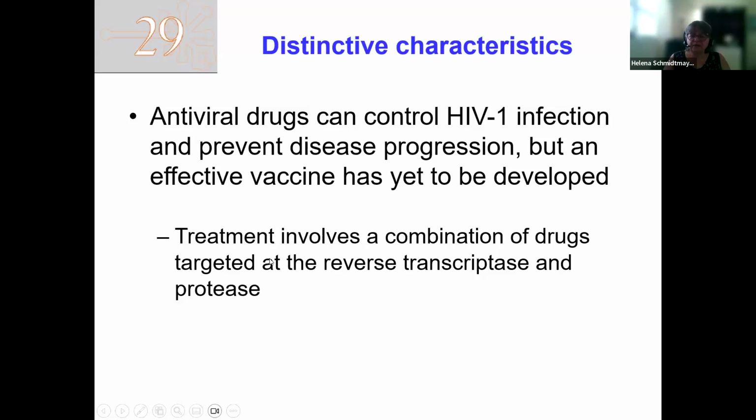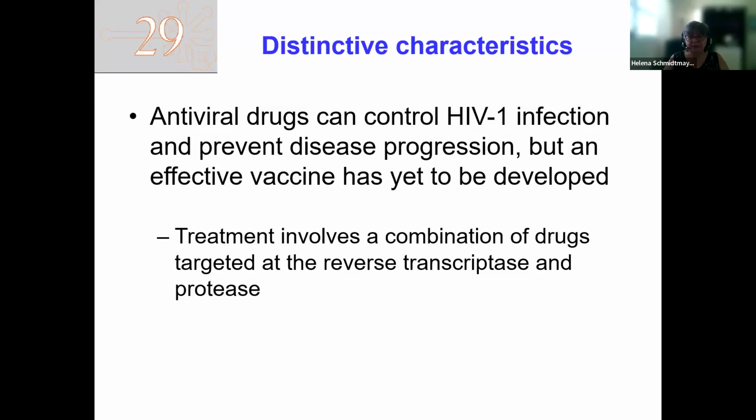Now, as I mentioned, all those courses of infection refer to patients who are not on treatment. Nowadays, we have very powerful antiviral drugs, treatments, which can control HIV infection and prevent progression. However, there is no preventative measure in the way of vaccination.